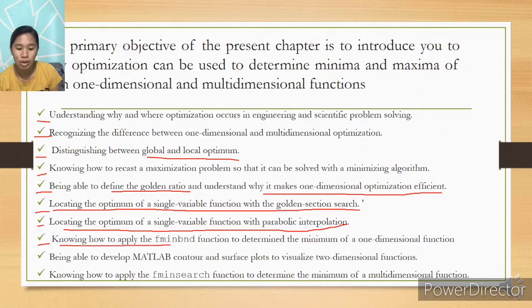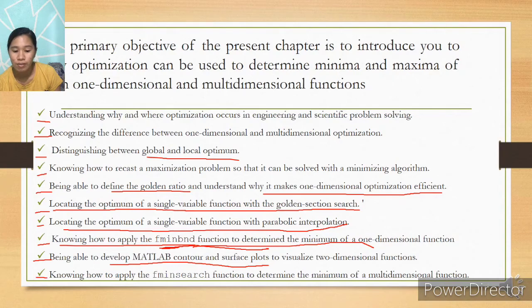Next, knowing how to apply the fminbnd function to determine the minimum of a one-dimensional function. Next, being able to develop MATLAB contour and surface plots to visualize two-dimensional functions, and knowing how to apply the fminsearch function to determine the minimum of a multidimensional function.